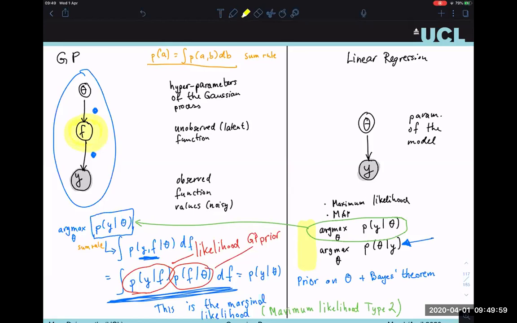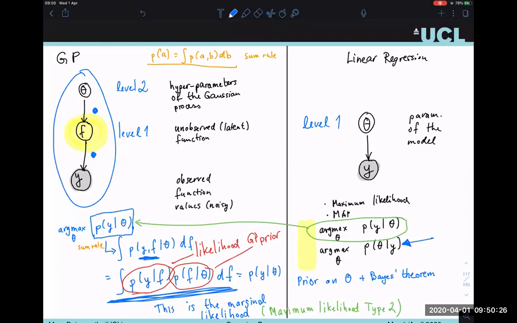Parameters are normally the first level of unobserved quantities, and hyperparameters are at the second level. So if you call this level 1, and this level 2, here we only have level 1.